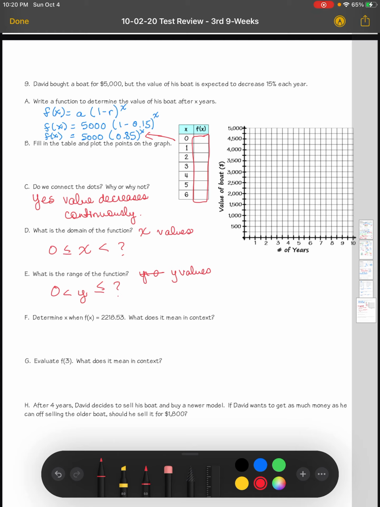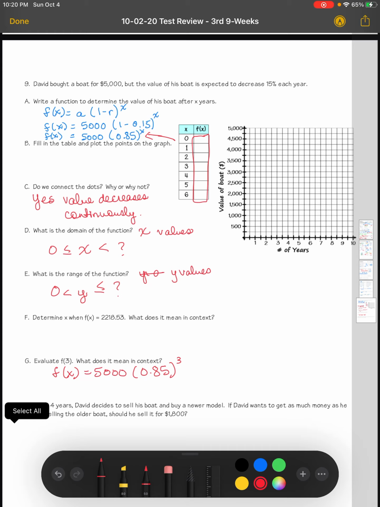Evaluate f of 3 and what does it mean? So you have your equation in part A. So in part A, you will go and substitute 3 for the x. Okay, and you should know that that is the boat value in 3 years. After 3 years, that's the value of the boat.